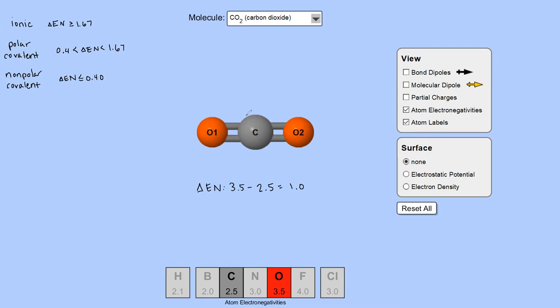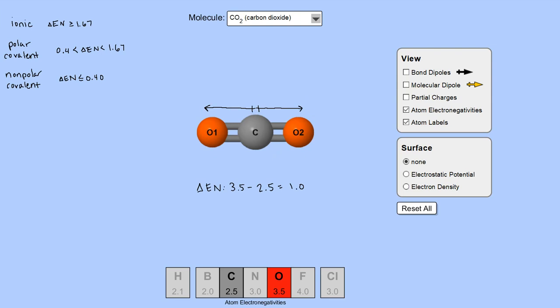Now, I wonder if you could draw the dipole arrows here. Which one is the less electronegative atom? That's carbon. And so the plus sides of the arrows are going to be at the carbon, and they're going to point toward the more electronegative atom. So we can imagine then that the electrons are spending way more time around the oxygen atoms than they are around the carbon.